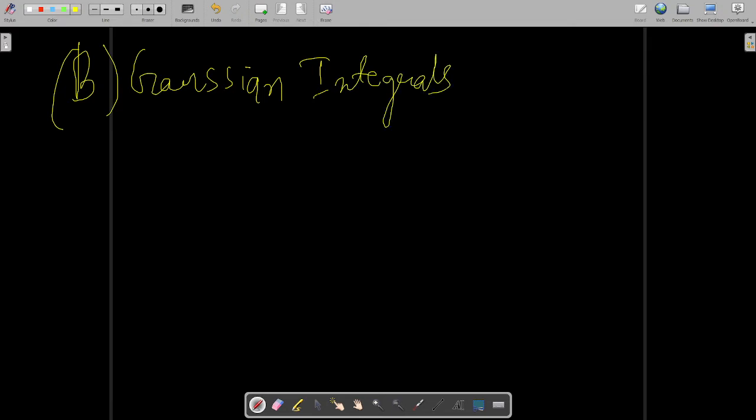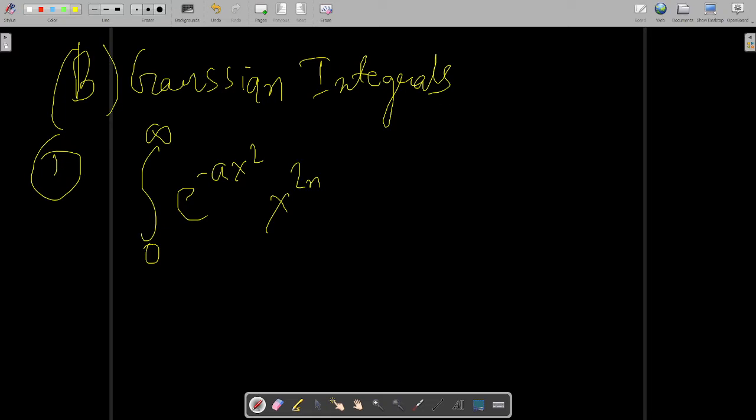Okay, so Gaussian integrals, number one, you have to mug up this without going into their proof. Integral of e to the power minus a x square times x to the power 2n dx. I will explain each and every term.